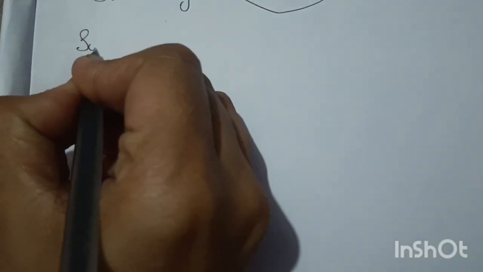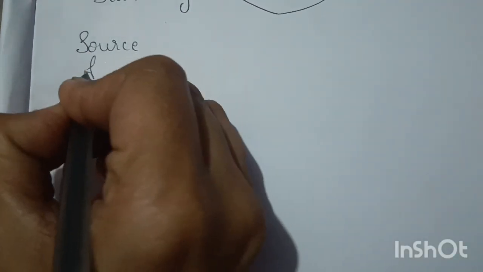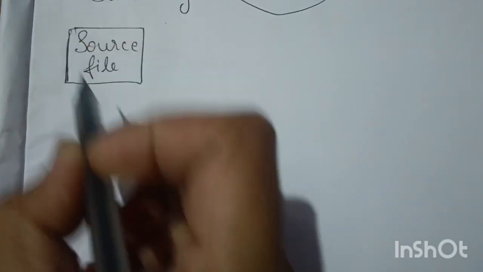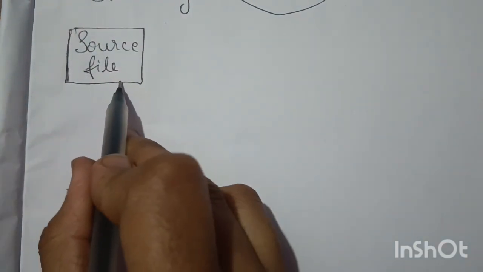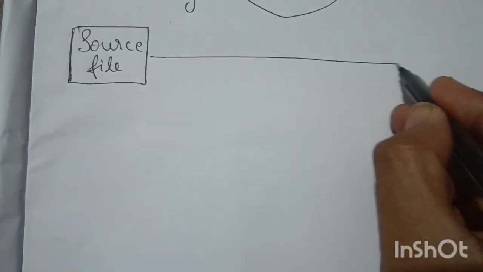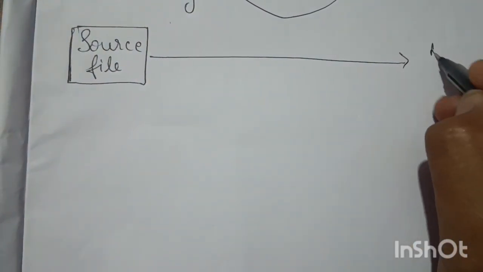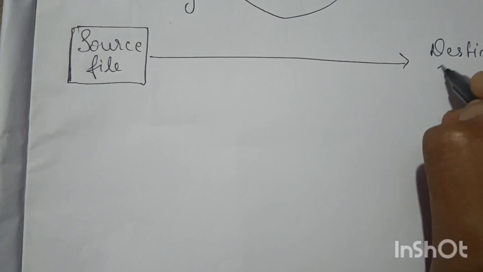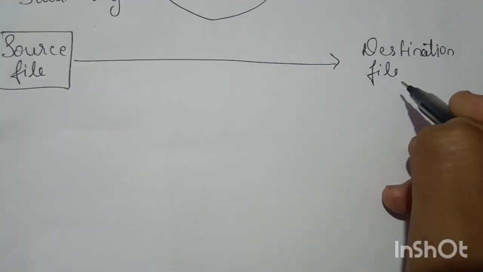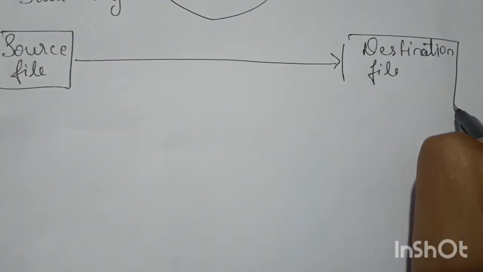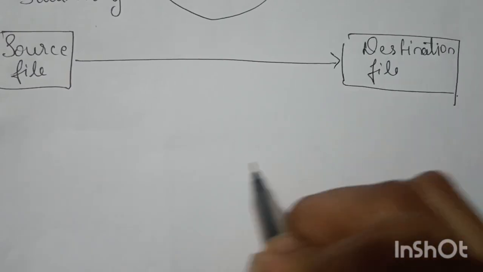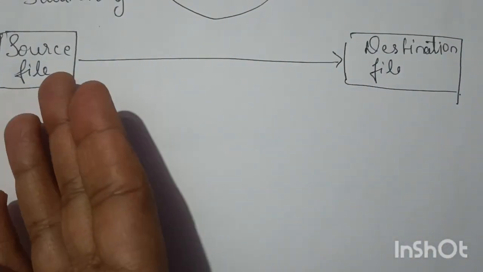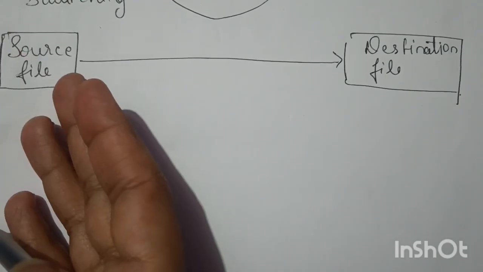Now suppose we have a source file, that is, the file that has a content that needs to be copied to the destination. Now we have a destination file also. This destination file is where the content of the source file needs to be copied and pasted.